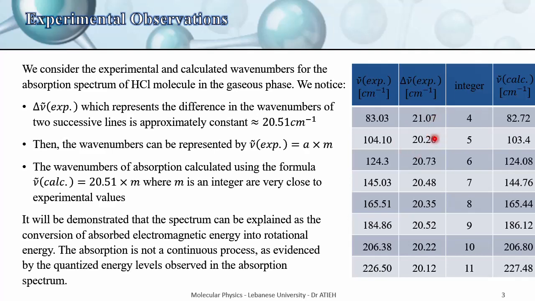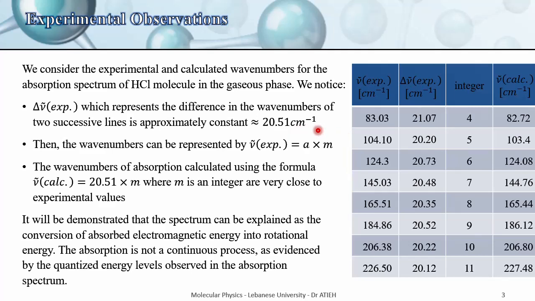So this difference between the wave numbers of two successive lines is approximately constant. It's 21.07, 20.20, 20.73, 20.48, etc. On average, it's approximately equal to 20.51 centimeter to the minus 1.